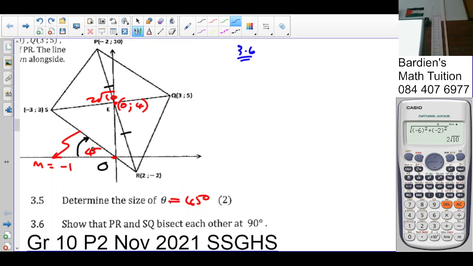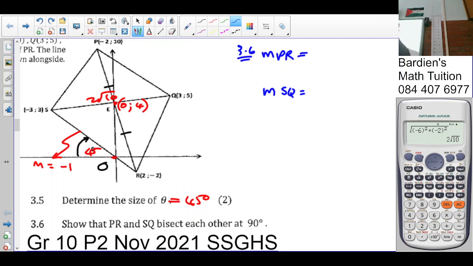To show this is 90 degrees, we work out the gradient of PR and the gradient of SQ. If we manage to prove that the gradient of PR multiplied by the gradient of SQ comes to negative 1, then these lines are perpendicular.